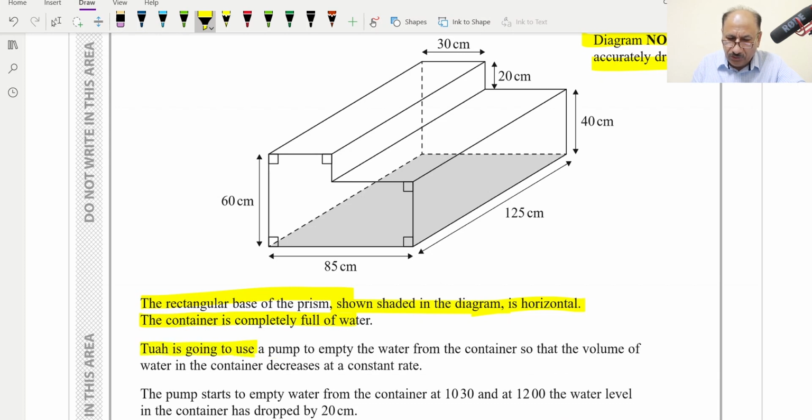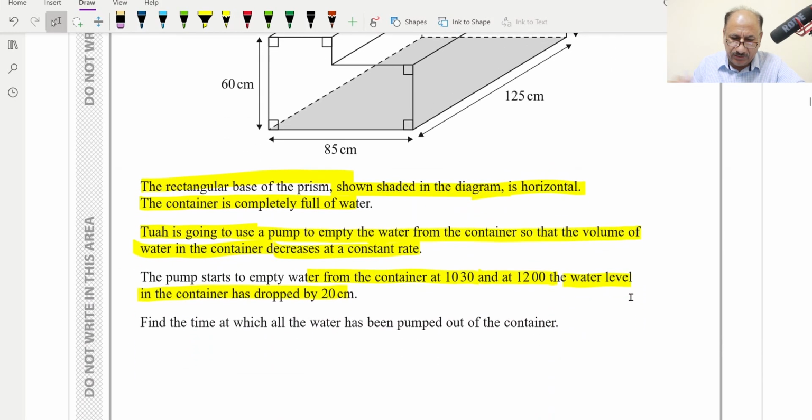A person is going to use a pump to empty the water from the container so that the volume of the water in the container decreases at a constant rate. The pump starts to empty water from the container at 10:30 and at 12 the water level in the container has dropped by 20 centimeters. Find the time at which all the water has been pumped out of the container.